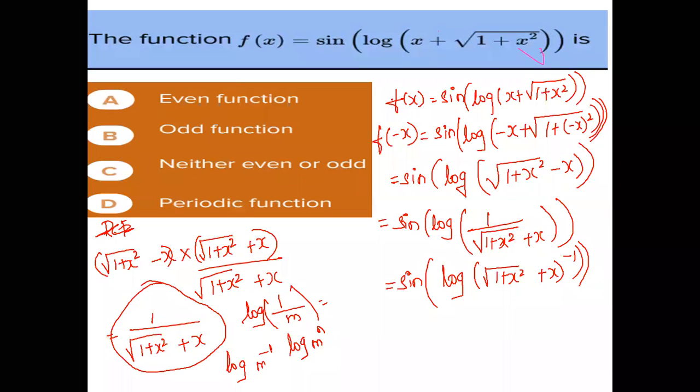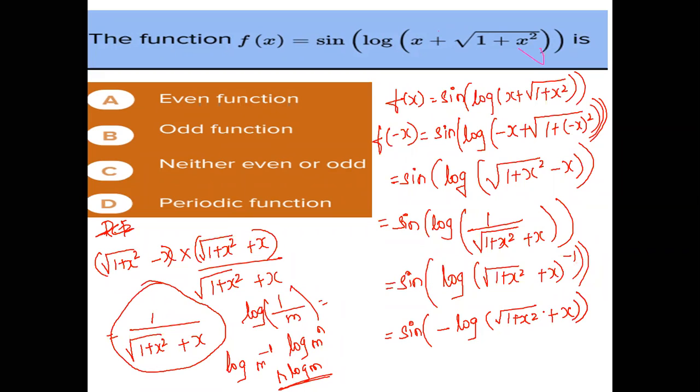So log m to the power n is n log m. So if you compare this with this, here you can see in place of m we have square root of 1 plus x square plus x, and in place of n we have minus 1. So how can I write? Sine of minus log of square root of 1 plus x square plus x.